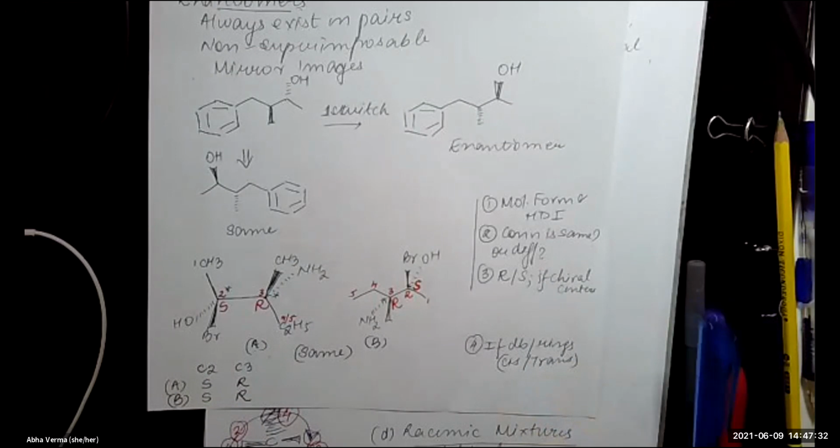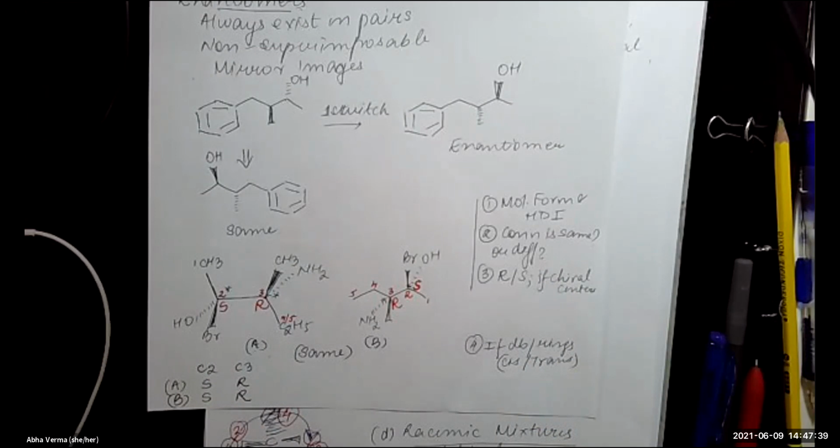And these sequences are also available on the sequence sheets that I have made for you. But please make sure that you practice these, especially assigning R and S configurations, knowing the relationships between two structures, and so on and so forth.